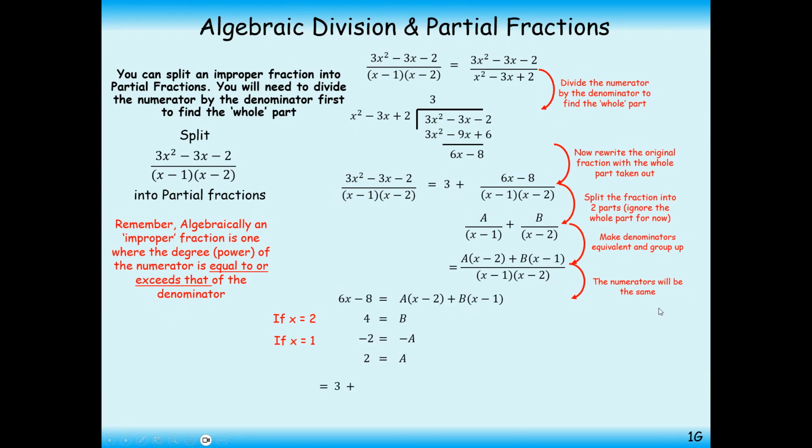You put the numbers back into this part. We had 3 plus these two fractions, so we need to write 3 plus 2 over x minus 1 and 4 over x minus 2. Finally, we write the answer as so: 3 plus 2 over x minus 1 plus 4 over x minus 2.